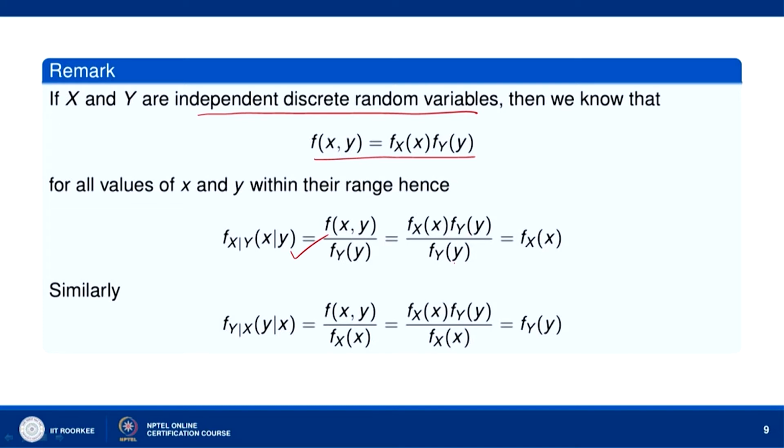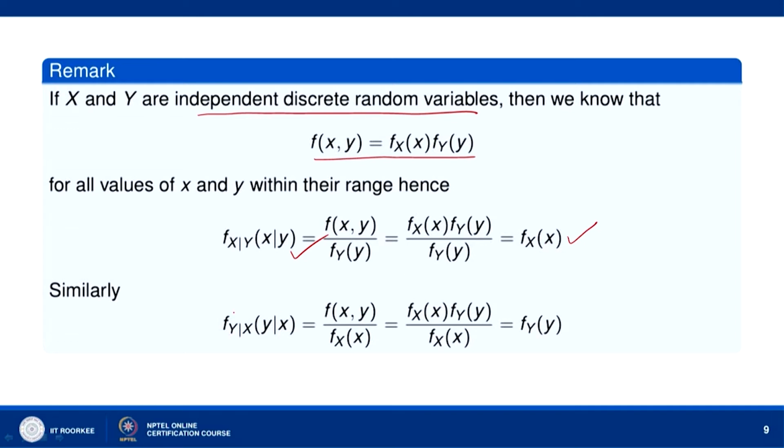So, let us put it here, and we get f_X(x). So, if X and Y are independent discrete random variables, then the conditional distribution of X given Y equal to y is equal to the marginal distribution of X with respect to the joint distribution.